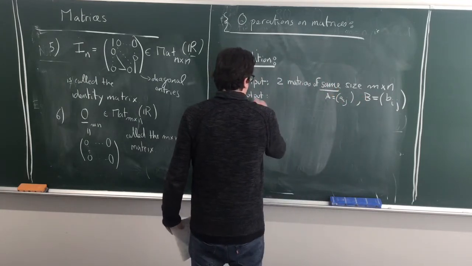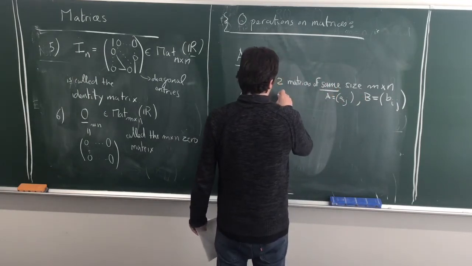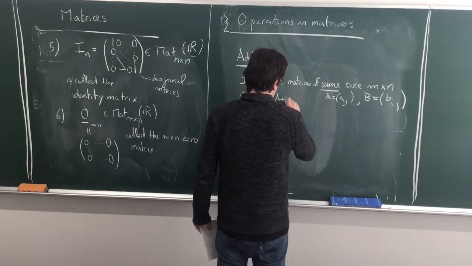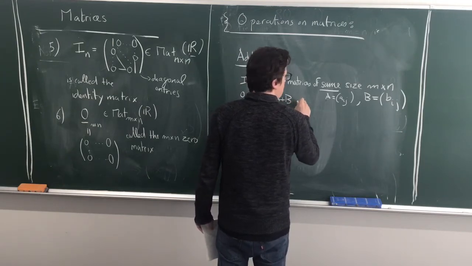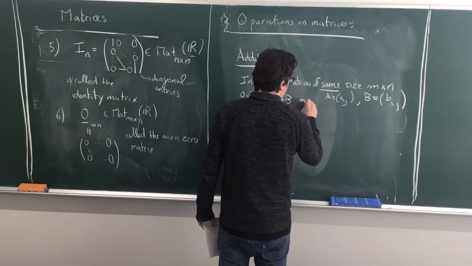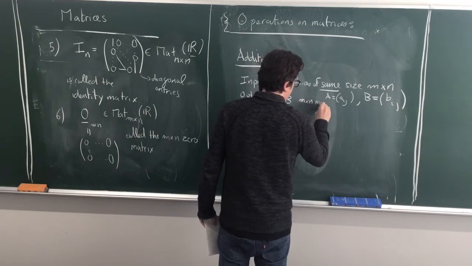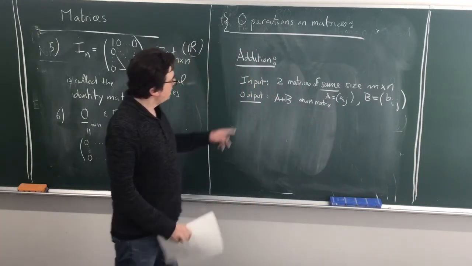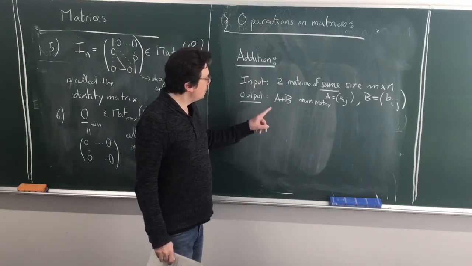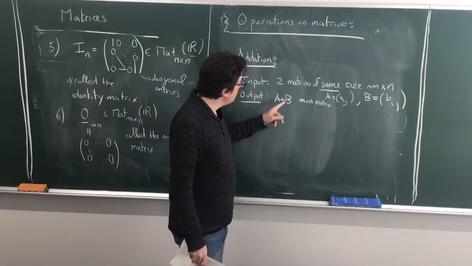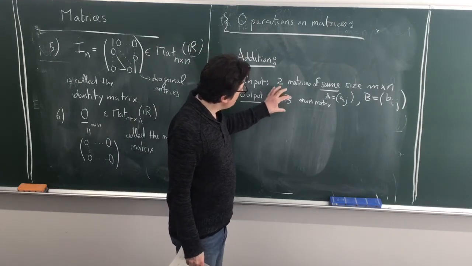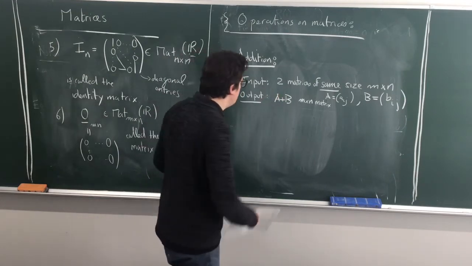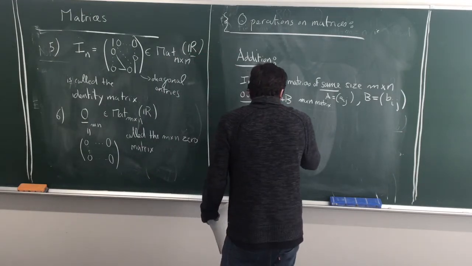Now, what is the output? The output will be a matrix that I will denote A plus B, and it will again be an m times n matrix. If I want to define this operation, addition, I need to define the entries of this new matrix A plus B. This is very easy.